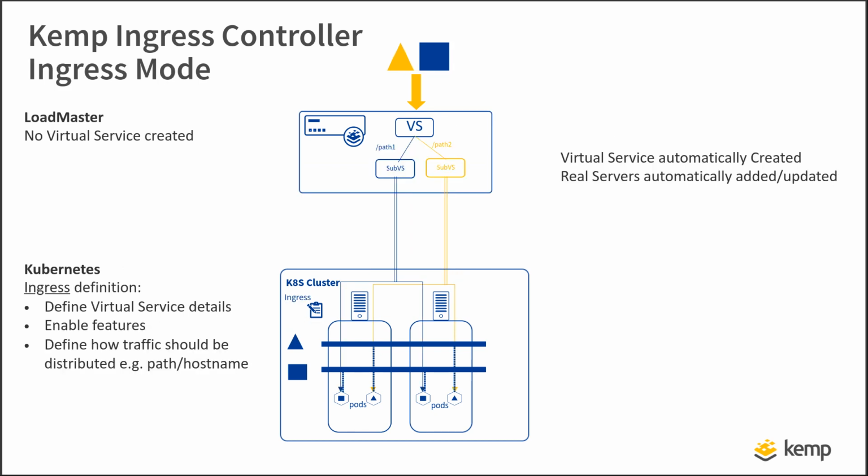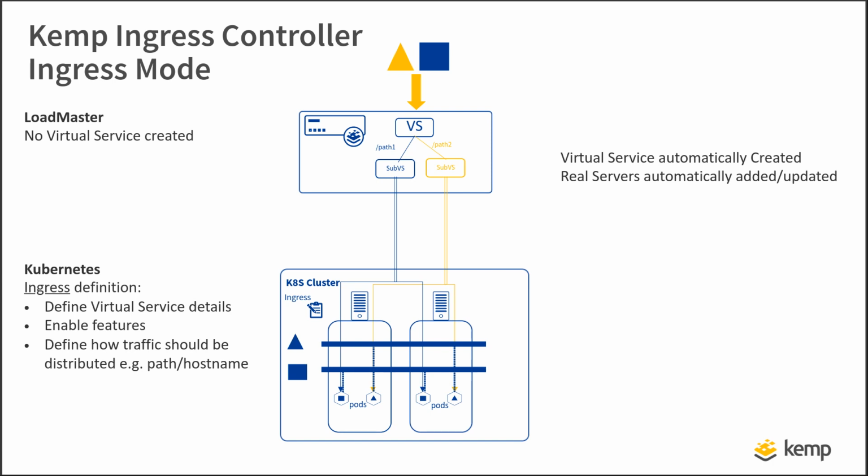And then for ingress mode, this is more like your traditional ingress controller. In this mode, on the LoadMaster, you don't actually need to configure anything. In ingress mode, effectively the configuration is left to what's defined in Kubernetes, and all LoadMaster does is implement what is defined. So in Kubernetes, you would have services and deployments created, a service typically of type ClusterIP, but then you define what's called an ingress.